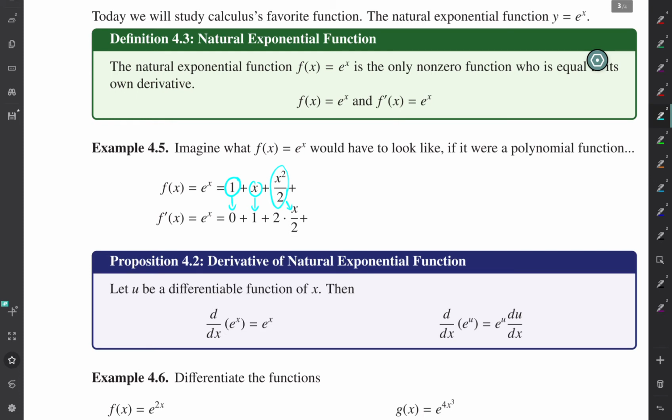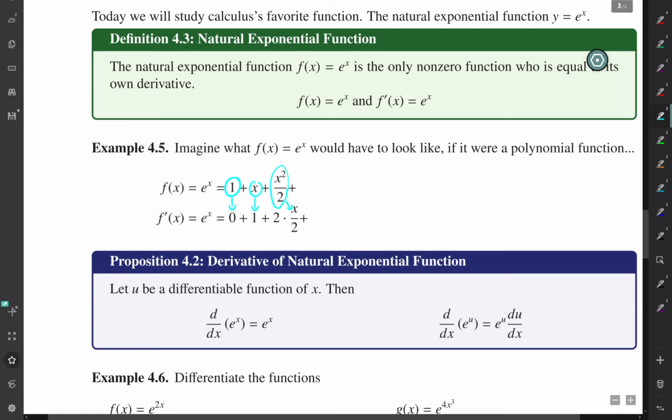Okay? And now the question is, what do I need to take the derivative of to get x squared over 2? Because I know this term right here should be x squared over 2, right?